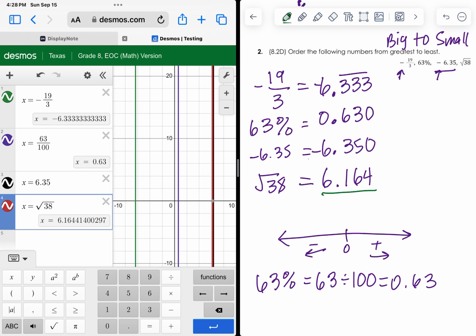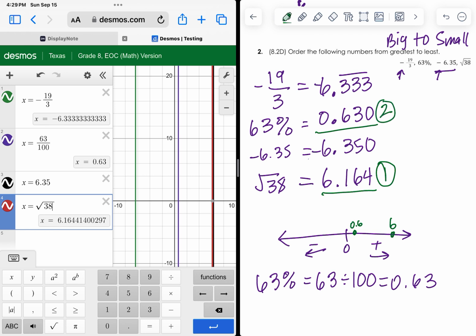Well, I've got 6.164, 0.630. So on my number line here, obviously 6 is going to be over here, 0.06 is going to be over here. So my biggest number is going to be the square root of 38. My second to biggest number is this 0.63.